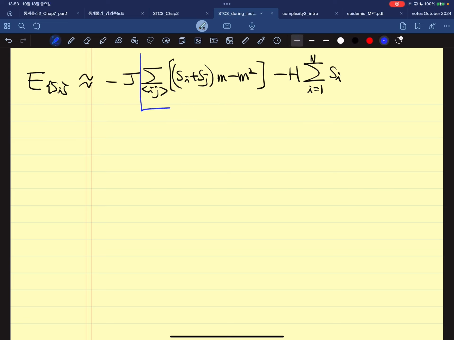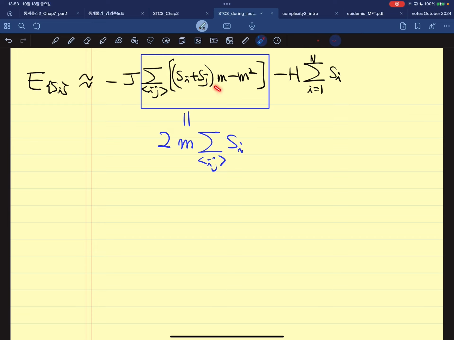This part becomes twice m J sum ij Si. Of course, m is just a constant here, so it's just moving it here. Plus the sum over ij of J m squared part here.